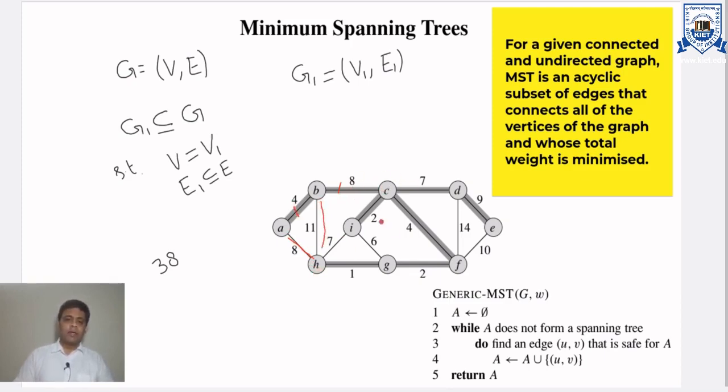Again the graph should be connected, so all the vertices are there in the new subgraph, the highlighted ones and these two red edges.